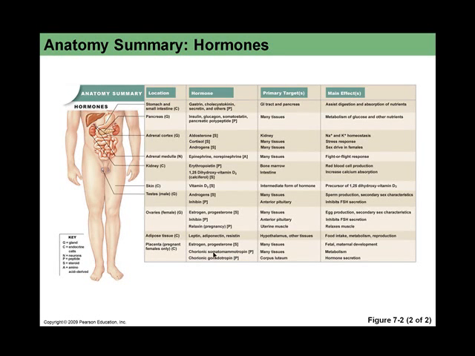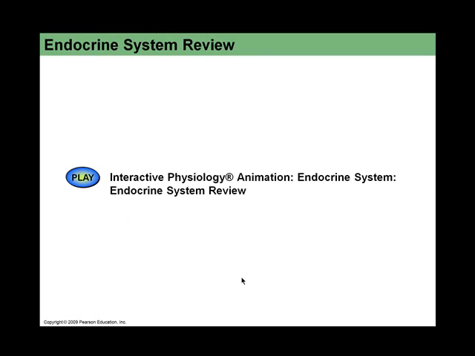I think I got it. And chorionic gonadotropin. The chorionic gonadotropin targets the corpus luteum to sustain, most importantly, the synthesis and secretion of progesterone to maintain the pregnancy. And then the chorionic somatomammotropin targeting many tissues to sustain metabolism in the pregnant female.